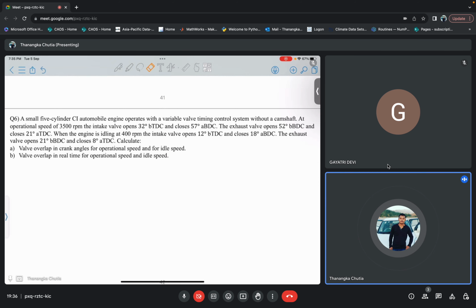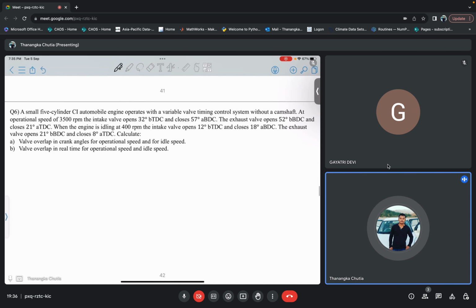It is telling us that a small 5-cylinder CI automobile engine operates with a variable valve timing control system without a camshaft at an operational speed of 3500 revolutions per minute. The intake valve opens at 32 degree before TDC and closes 57 degree after BDC, and the exhaust valve opens 52 degree before BDC and closes at 21 degree after TDC.